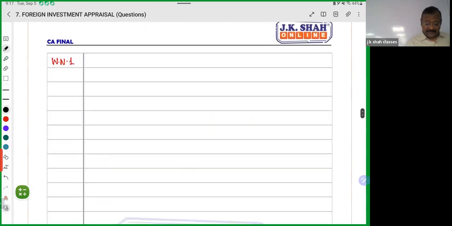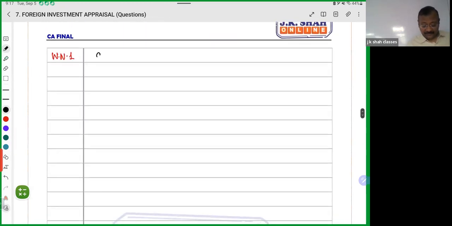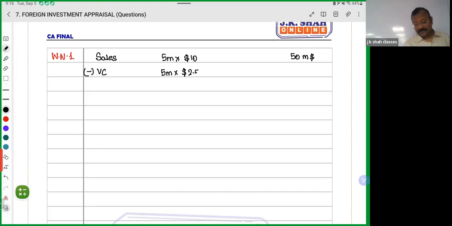So sales, how many units? 5 million units, right? 5 million into what is the selling price per unit? $10. So that's $50 million, less variable cost. 5 million into 2.5, 12.5.